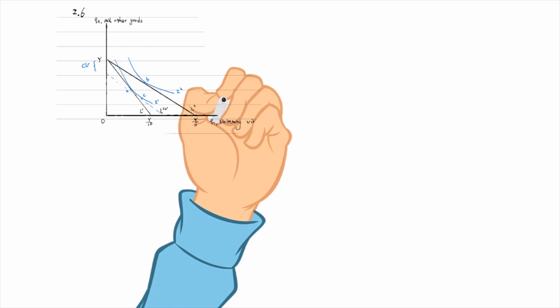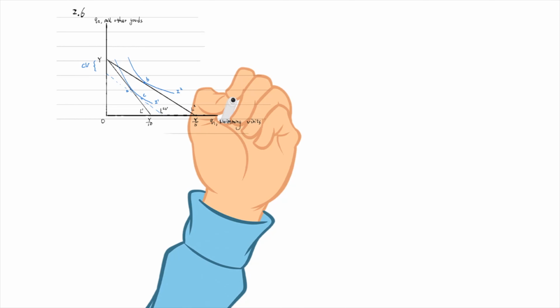The indifference curve budget line diagram looks like this. The young member's budget line is L1. The optimal bundle A is determined by the tangency of L1 and the indifference curve I1.